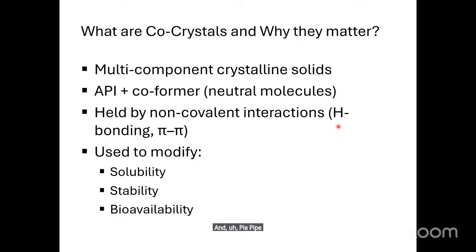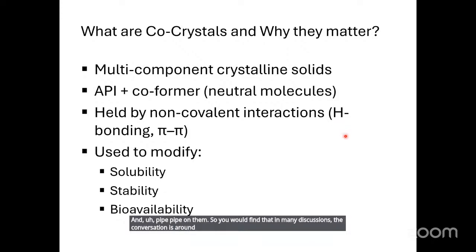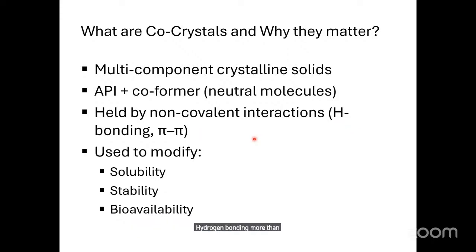So you would find that in many discussions, the conversation is around hydrogen bonding more than the other intermolecular forces. And that is due to the influence of hydrogen bonding compared to everything else. So you would find that this is what is highlighted in those discussions.